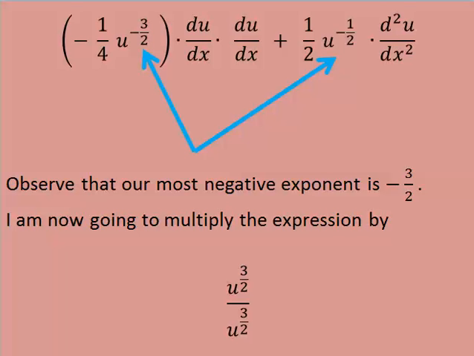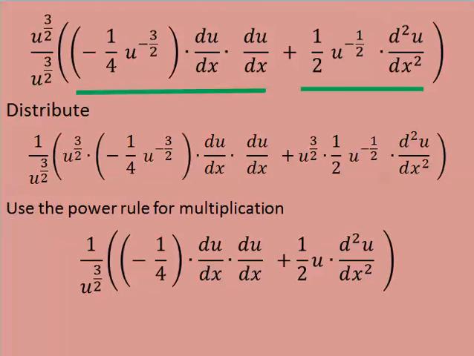What I do is I find my most negative exponent, and that's negative 3/2. And I use that to help me decide what to multiply this expression by. I multiply the expression by u to the positive 3/2 over u to the positive 3/2. So I'm not changing the expression, I'm just going to change the way it looks.